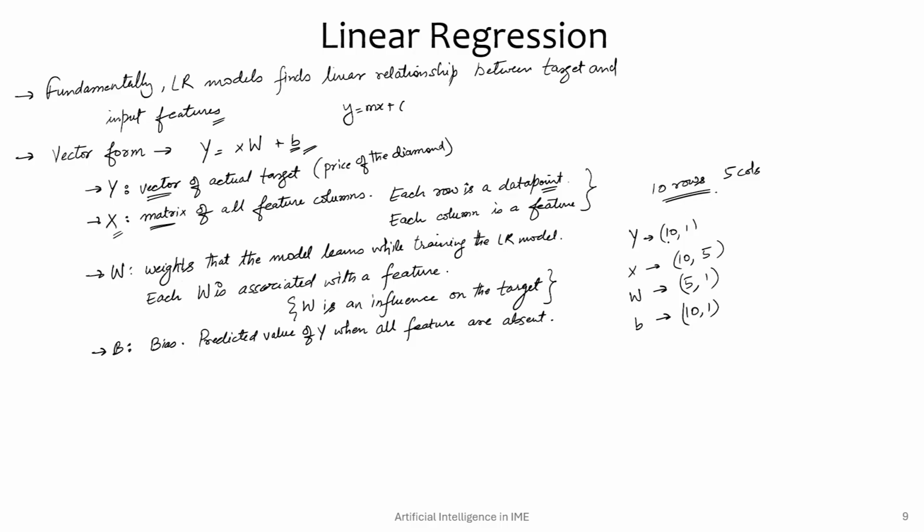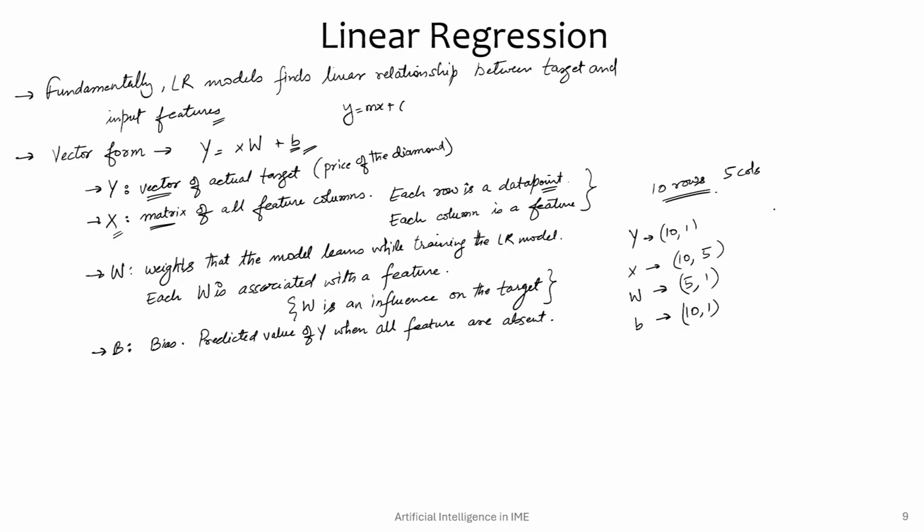So this y will be 10 comma 1. Why? Because y is the output of each row, means the target variable of each row. So what happens is, for each row we will have a target response, right? So since we have 10 rows, we have 10 data points, so we will have 10 output values.